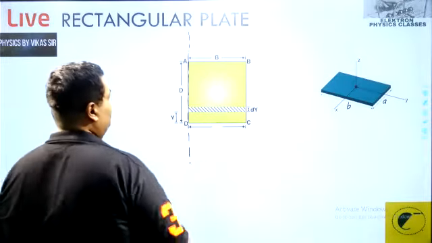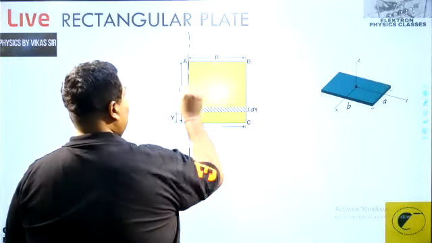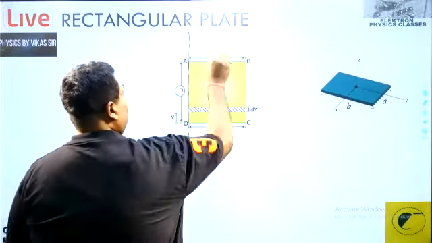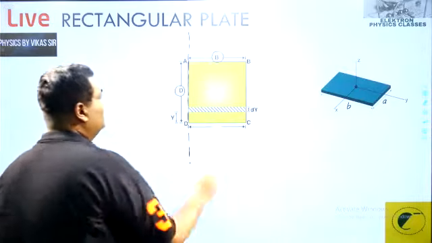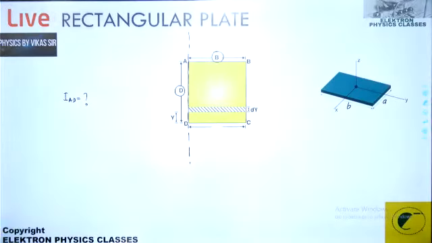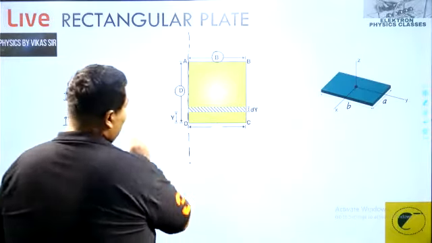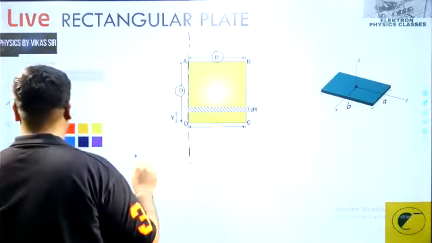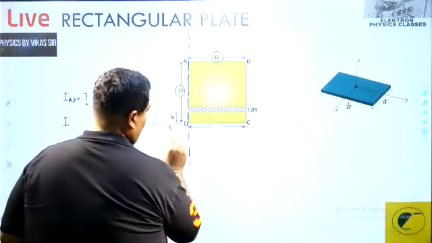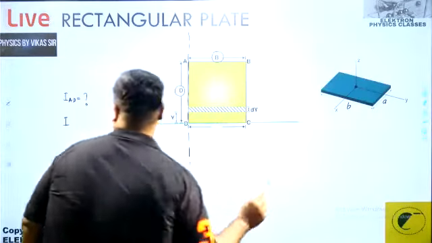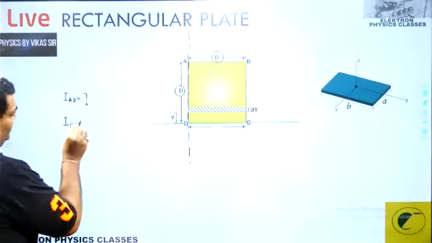For this, one side is b and the other side is d. These are the sides, b and d. So I need to find the moment of inertia about AD, and then I need to find the moment of inertia about the CD axis. What is the CD axis? This one, this axis. So about the CD, I need to find it out.